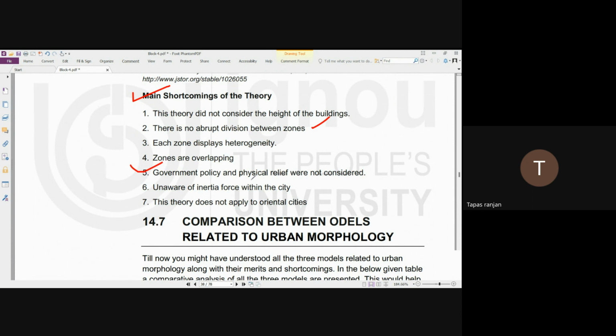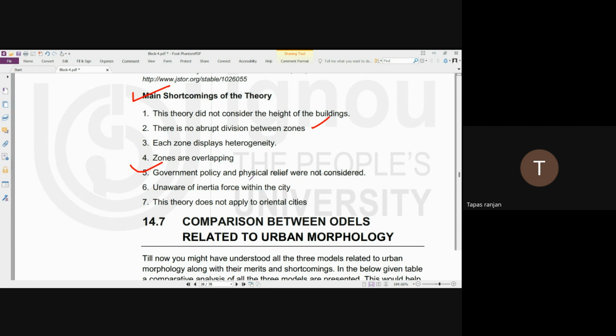Now why is it important to understand the government policy and the physical relief? Because they influence the settlement patterns. If the government initiates some regulation in a city, that these parts of the city will not be used for residential purposes, then you can't simply divide that region or zone as a residential zone.